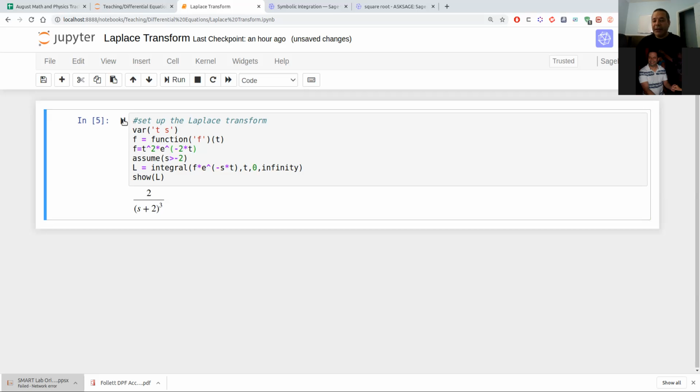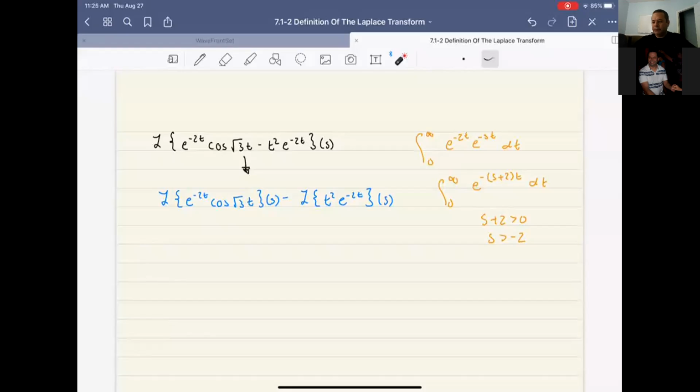Okay, so now I'm going to stop sharing and share with my other screen, my iPad. And I computed these things.